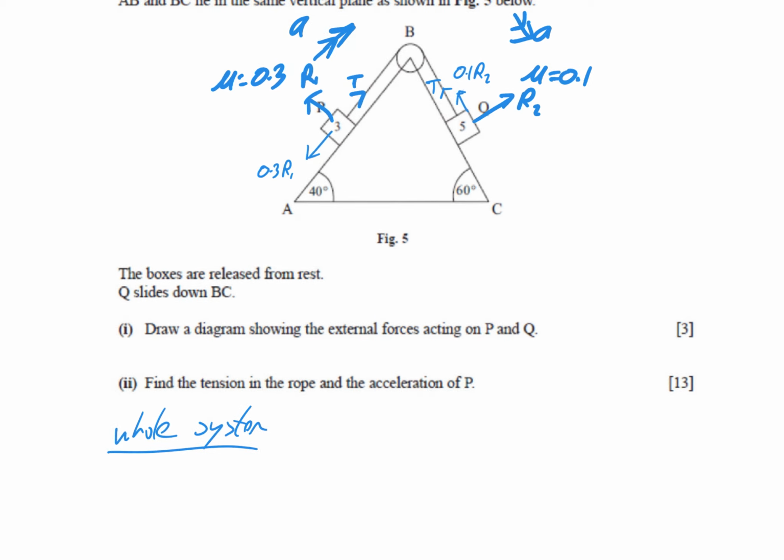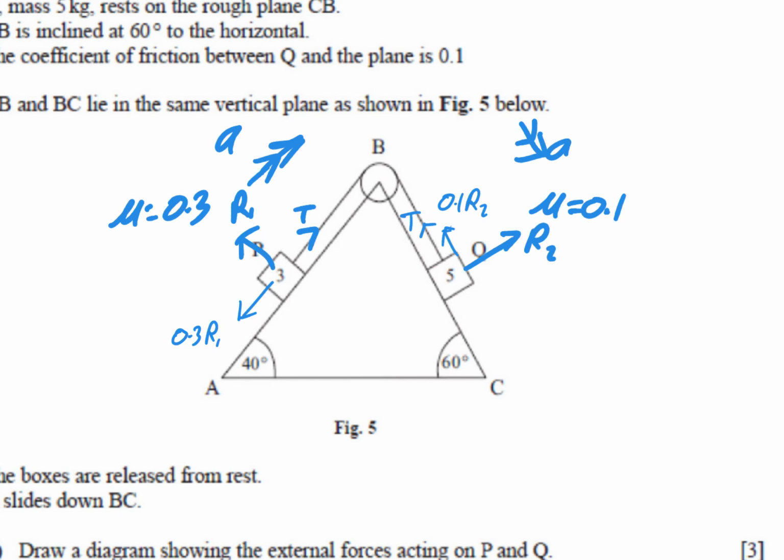Okay, so if we look at this system, I'm going to mark this in green, and this is not to be marked in yours. This is just for me to explain this. What's getting this going is actually the component of the weight of the 5 kilogram box going down this slope.